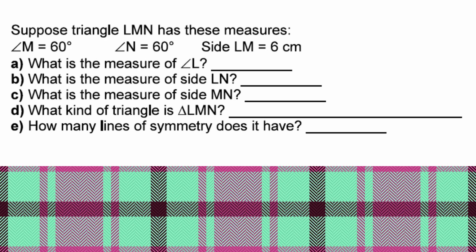You have enough information here to determine what angle L is because they gave you the other two angles. They were both 60 degrees, which adds up to 120 degrees. And I know the three angles must add up to 180 degrees.